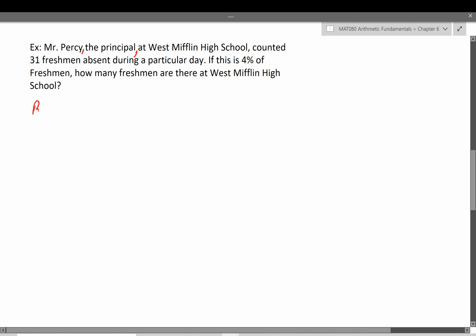So, once again, let's break this down. This problem in words is going to look like 31 is 4% of what number?